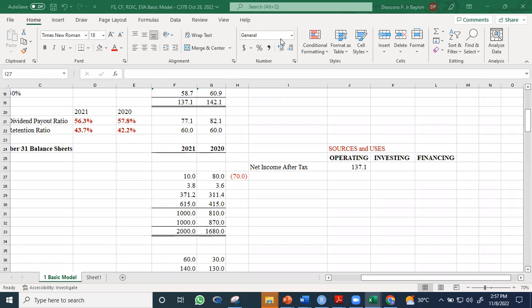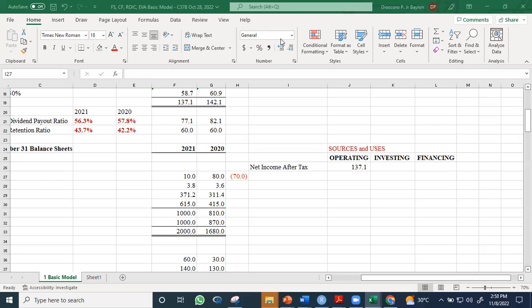Class? Do we need to add something? Do we need to subtract something? And if ever there's a need to add or subtract something, what is it that we need to add or subtract? Anyone, please? You may unmute yourself. Raise your hand, please, if you want to answer that question. Or type in the chat box.